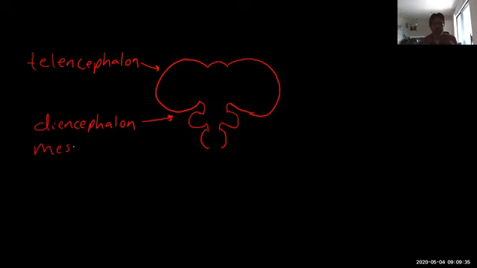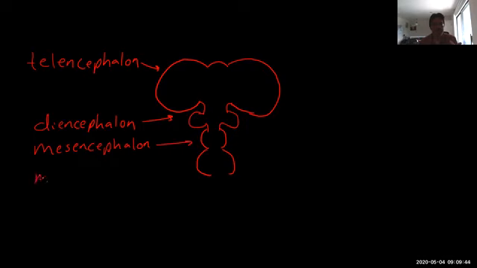And then down here we had this little diencephalon, which gave rise to the thalamus and the hypothalamus. And then we come down here and we have the mesencephalon, which will ultimately become the midbrain.